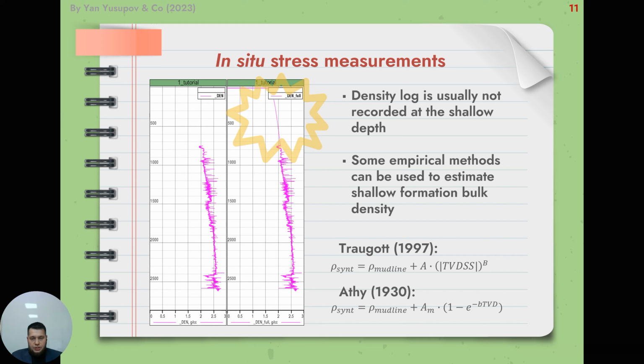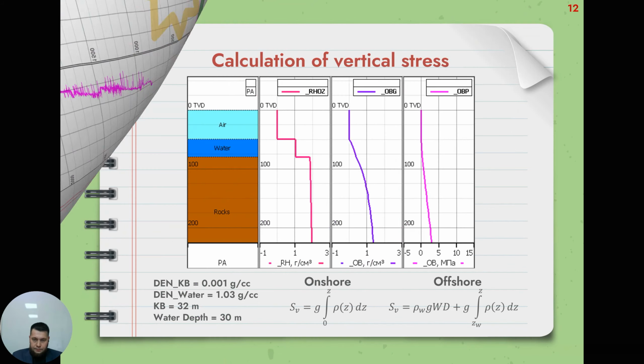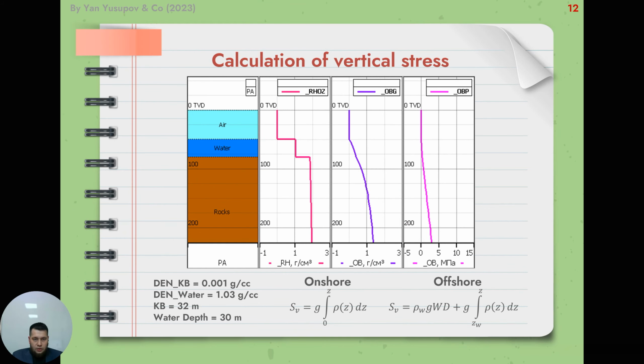For example, these are the Traugott and Aff equations. Please note the equations in the lower part of this slide, the equations for calculation of vertical stress for onshore and offshore.